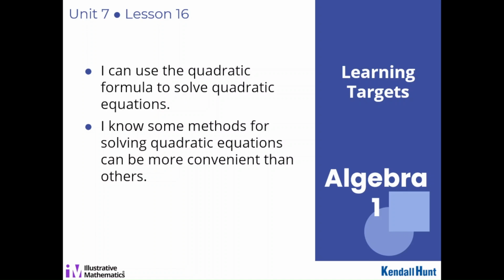The third method that we looked at was completing the square. If you happen to have a quadratic equation that is already a perfect square, then this method is very quick. You take the square root of both sides and solve for x.